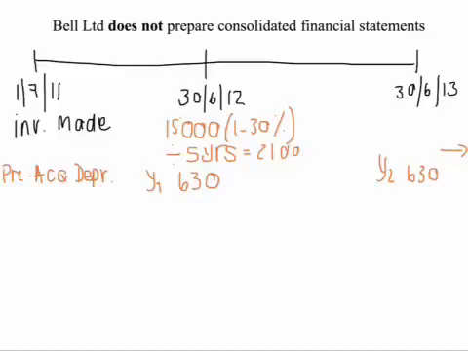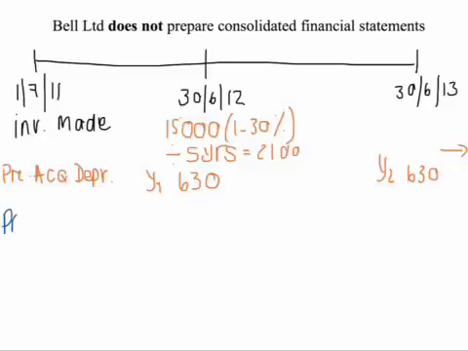In the question, they also gave us information on inventory that was purchased by the Bell Limited and that was still on hand at the end of the financial year. They purchased it from the associate. So for the current year, we had inventory costing $100,000 on hand at the end of the year. For the previous year, it was $60,000. And a profit before tax of $30,000 in the current year. For 2012, $10,000 had been made on the sale.